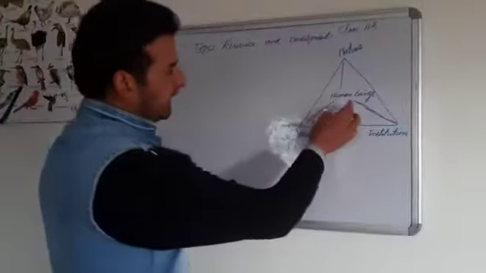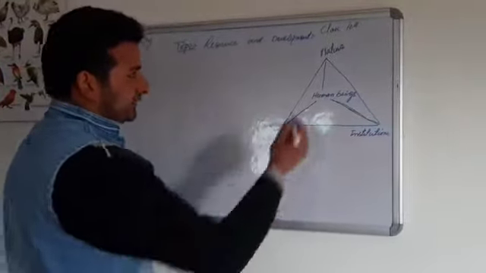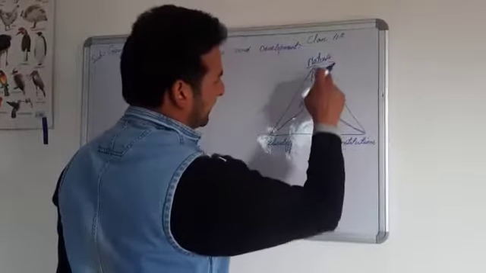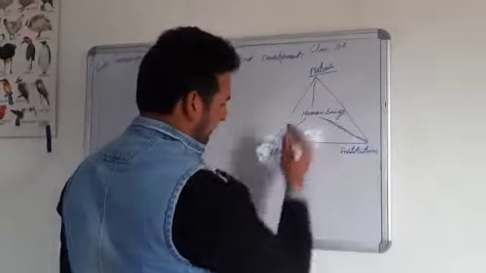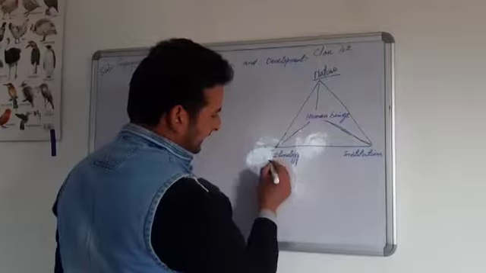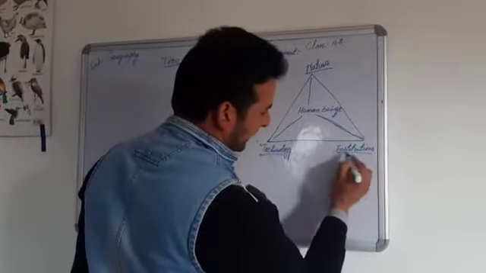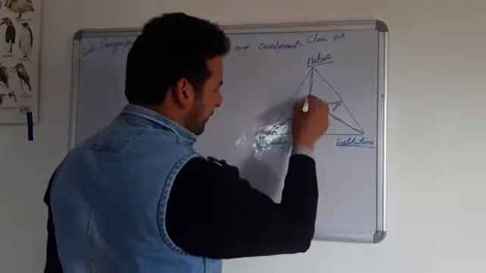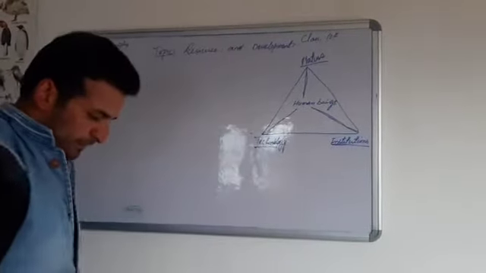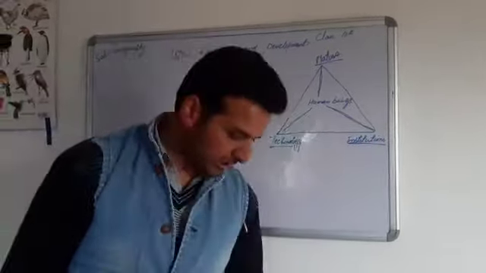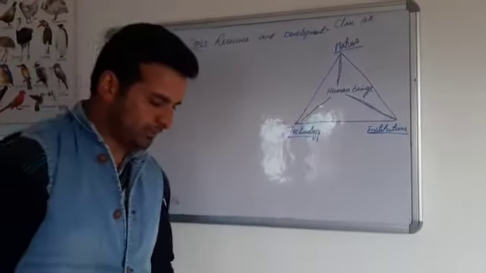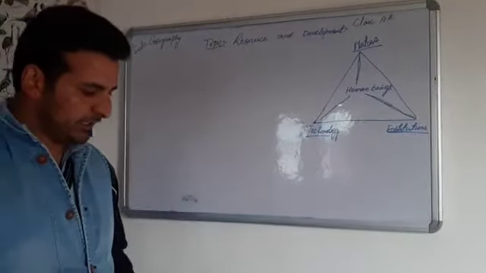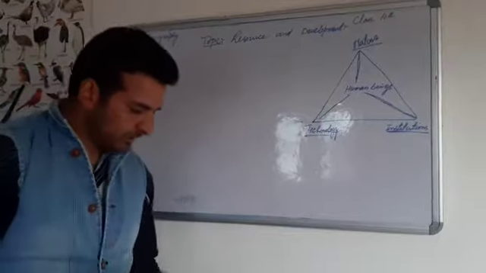I have already made one triangle here. At the top of the triangle I have written nature, on one side I have written technology, at the other end I have written institutions, and in between I have written human beings. That means the process of transformation of things available in our environment involves an interdependent relationship.